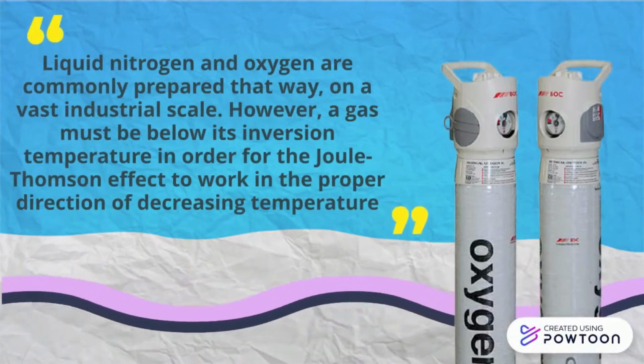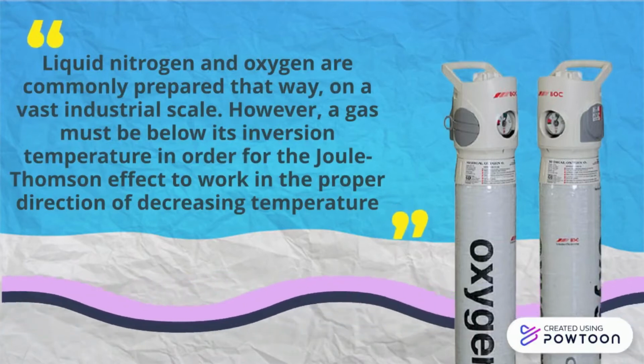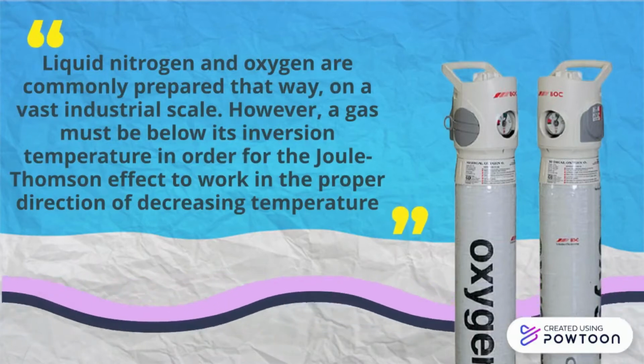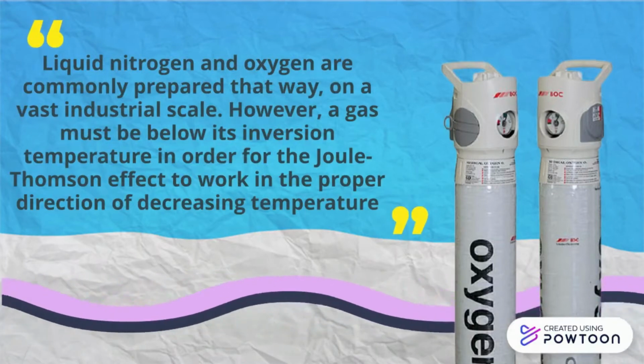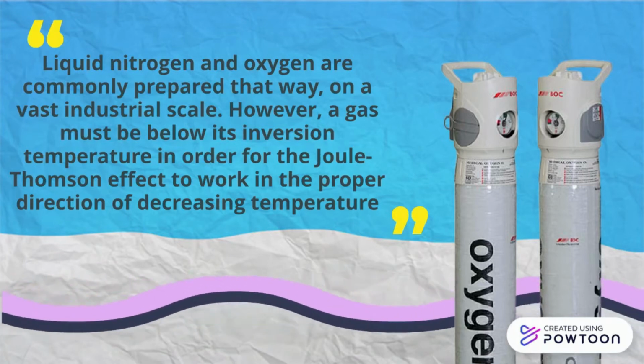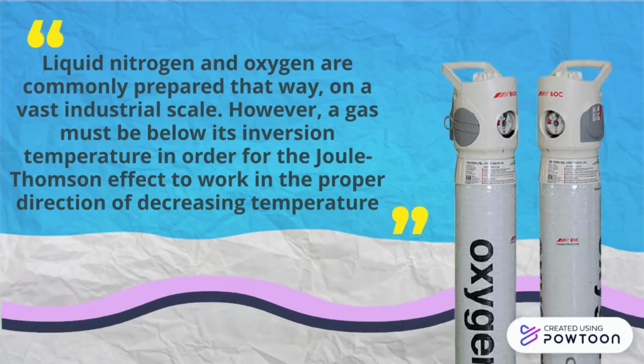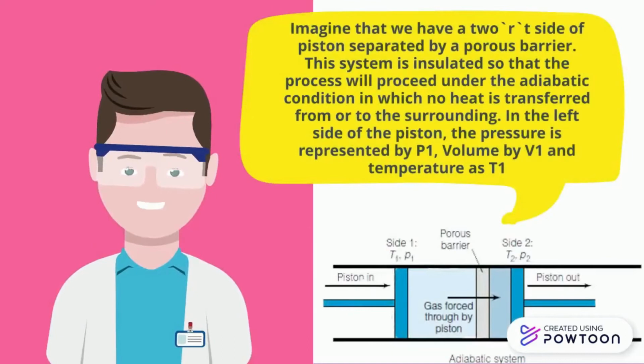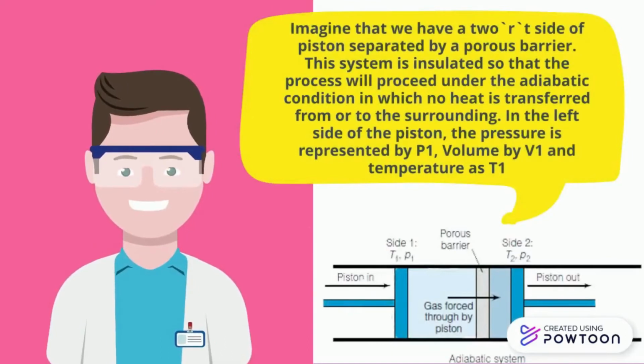However, a gas must be below its inversion temperature in order for the Joule-Thomson effect to work in the proper direction of decreasing temperature. For a better understanding of this effect, let us dive into the explanation. Imagine that we have two sides of pistons separated by a porous barrier.